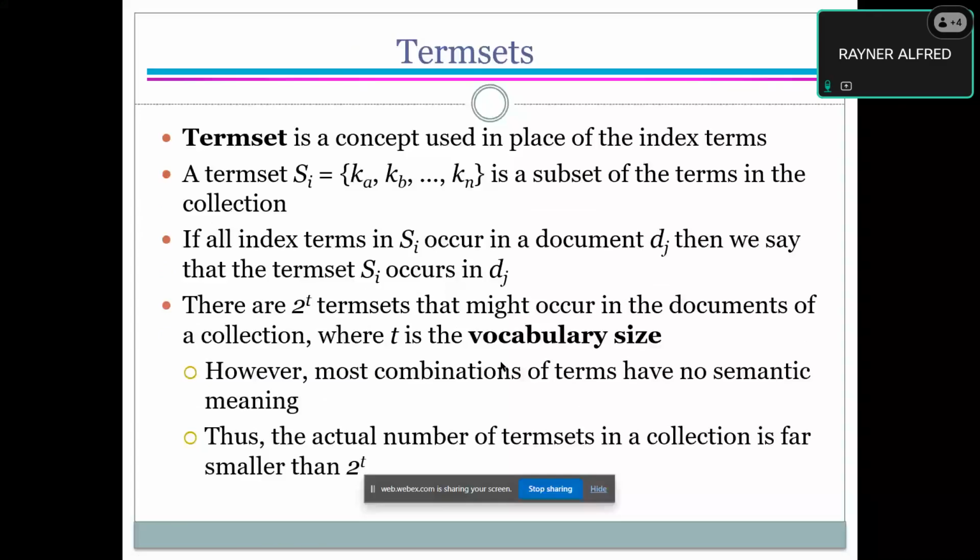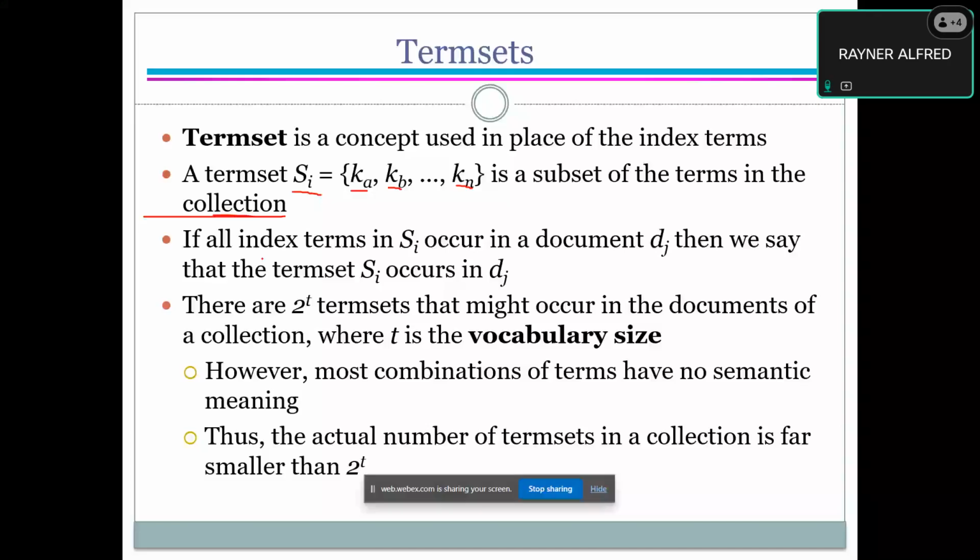So in this example, they define that the term set may consist of keyword A, keyword up to N, a subset of the terms in the collection. If all index terms in Si occur in document Dj, then we say that the term set Si occurs in this document.